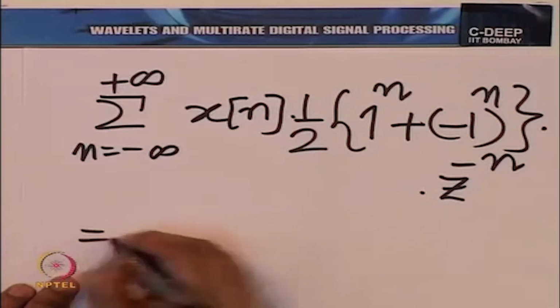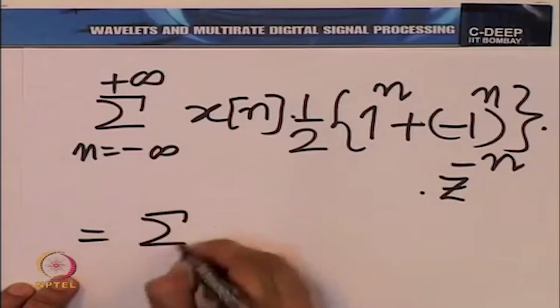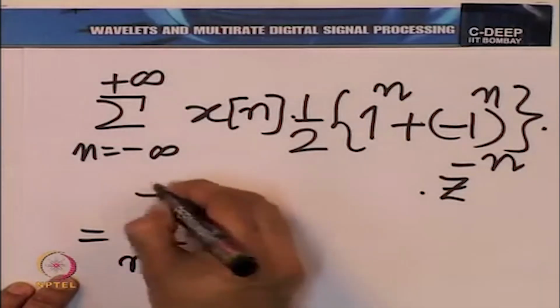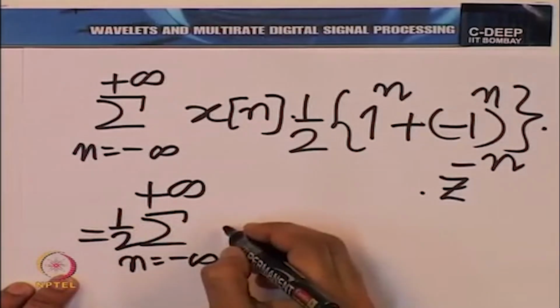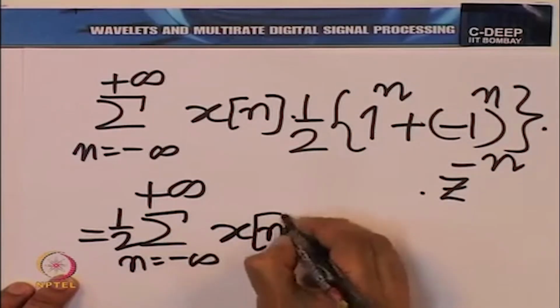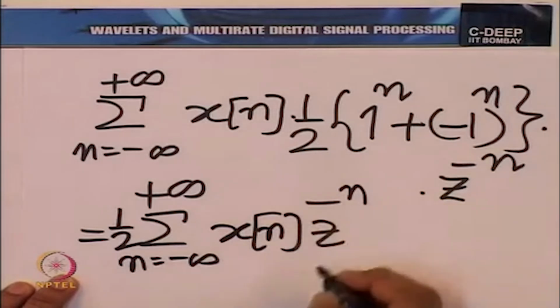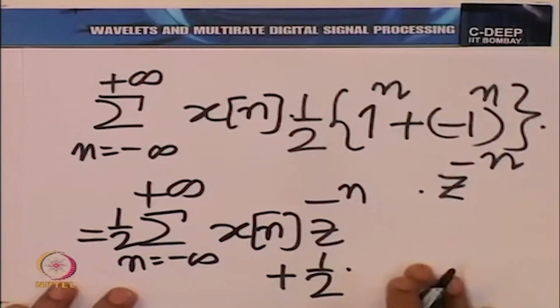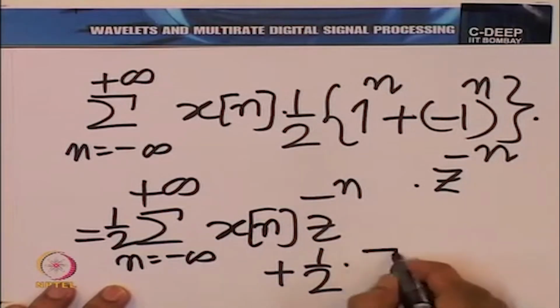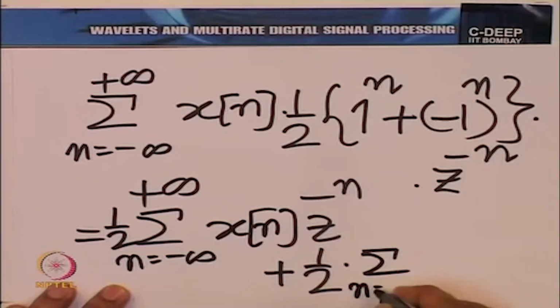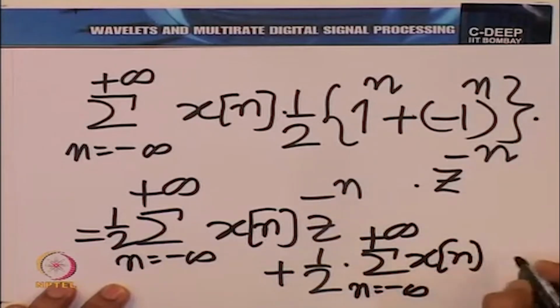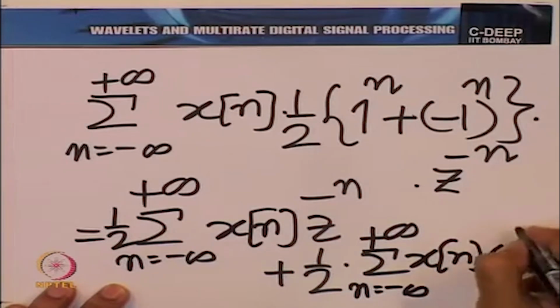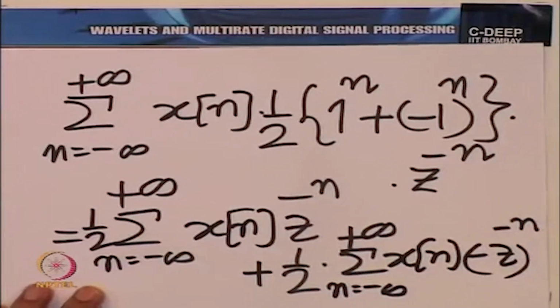This is easily seen to be summation n going from minus to plus infinity, of course half can be brought out everywhere, x n z raised to the power of minus n, plus half summation over all n from minus to plus infinity x n minus z raised to the power minus n.